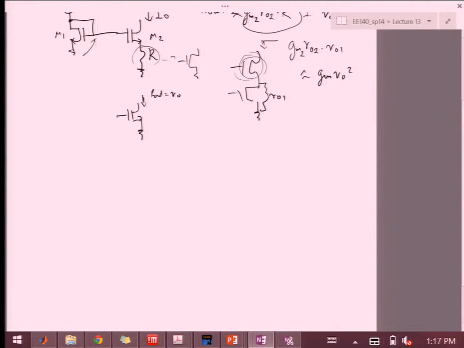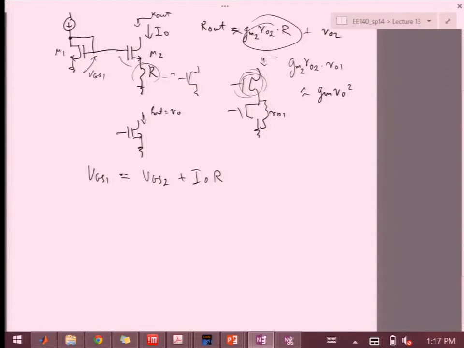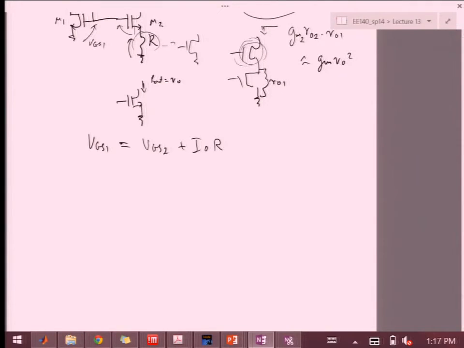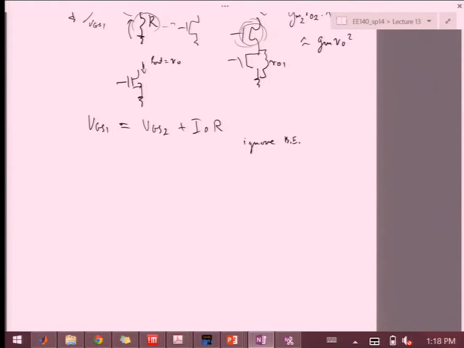So here I have VGS1 has to be equal to VGS2 plus IoR, because that's VGS2 and then a voltage drop on R. So if we ignore the body, in fact, it's just easier that way, I can say that IoR and then the two threshold voltages will cancel out.